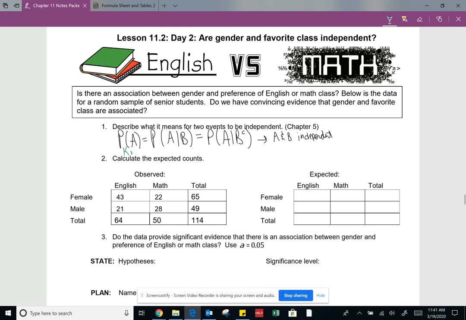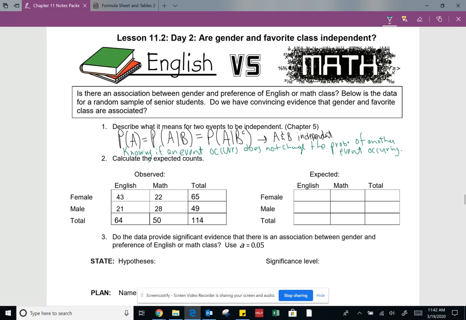So in words, knowing if an event occurs does not change the probability of another event occurring. Okay, so this is what we're going to have to think about as we answer this question.